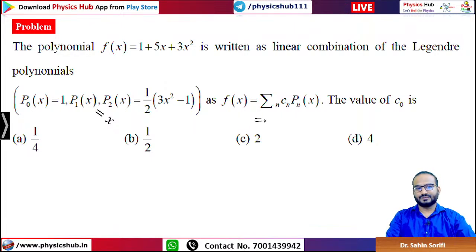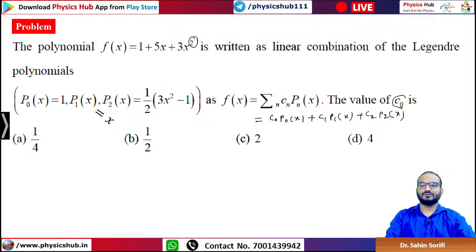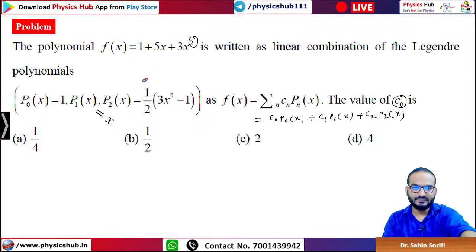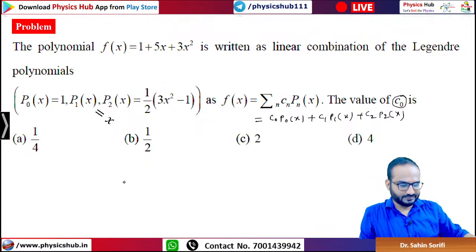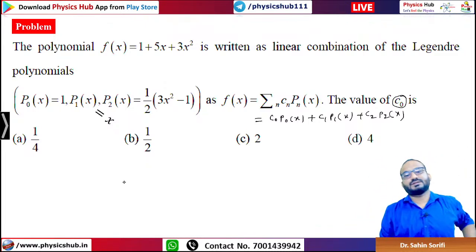So this is c0 p0x, c1 p1x, c2 p2x. Maximum power is 2 here, so it will go up to p2. You have to find the value of c0. Do it quickly and tell me the answer. This is a simpler problem I have given you. I have solved the tougher one, left for you the simpler one.